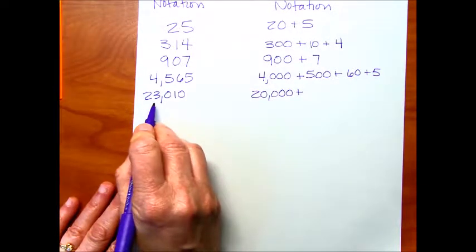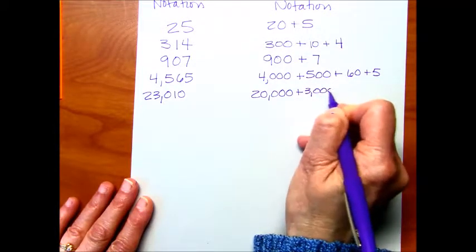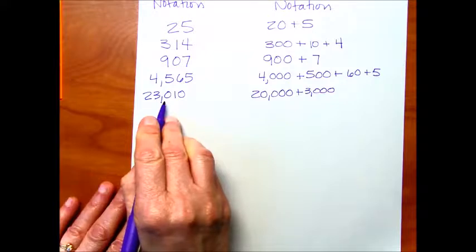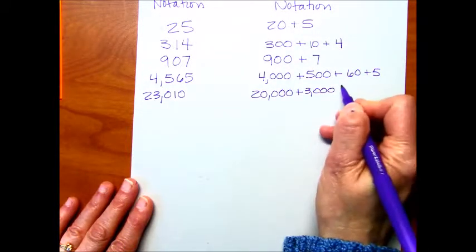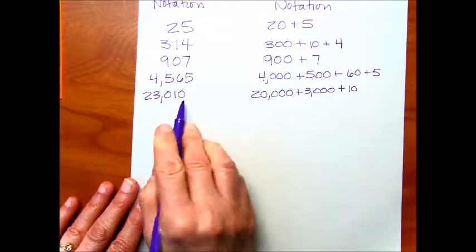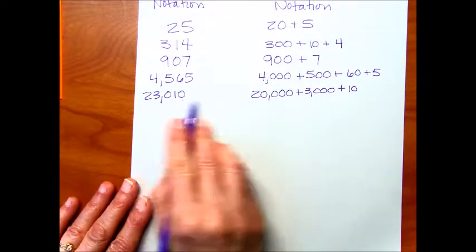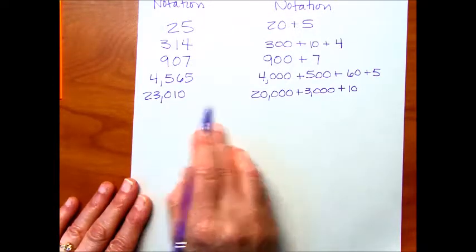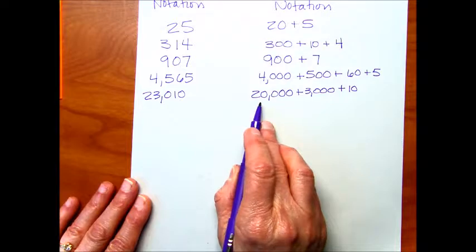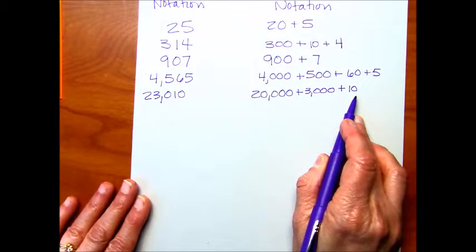The 3 is in the thousands place, plus 3,000. I don't have a hundreds, but I do have a tens. I have 1 10, so that's going to be plus 10. And I have a 0 in the ones place, but I'm not going to show that here. So 23,010 will be represented as 20,000 plus 3,000 plus 10 in expanded form.